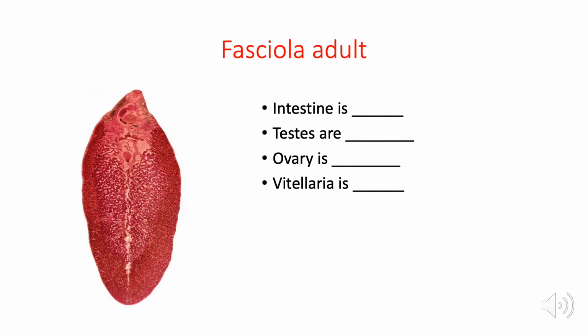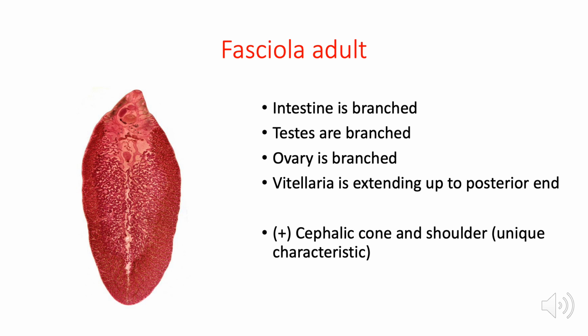The single ovary is branch, while the vitellaria is from the shoulder down to the posterior end of the worm. So this will summarize to us the descriptions of the different parts of the fasciola worm. And it's very important to highlight that this is the only parasitic trematode that has cephalic cone and the shoulder.